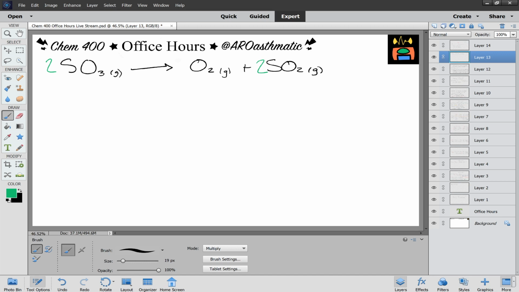All right, now part B. Part B is, okay, so after the sulfur trioxide decomposes completely, the pressure inside this is, okay, so we have the whole part B, right?